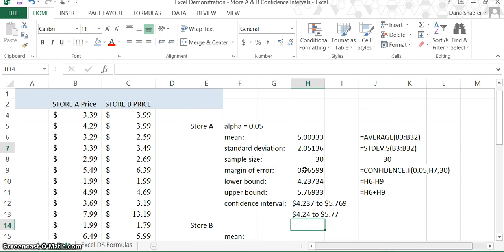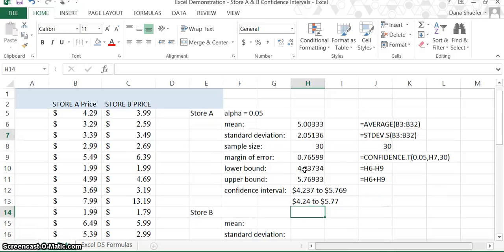So like I said, that's just my definition because I understand I'm talking about money as far as this is concerned. And so we're going to say one can be 95% confident that the population mean of the prices at store A is between $4.24 and $5.77.